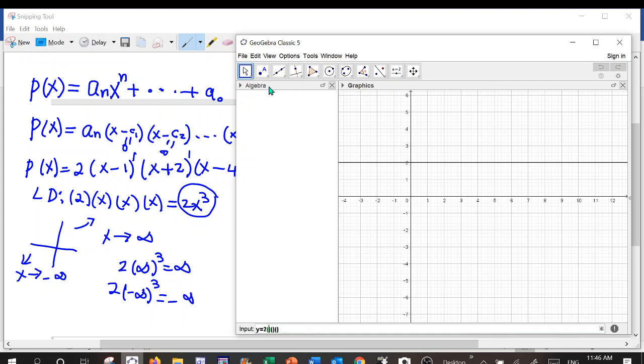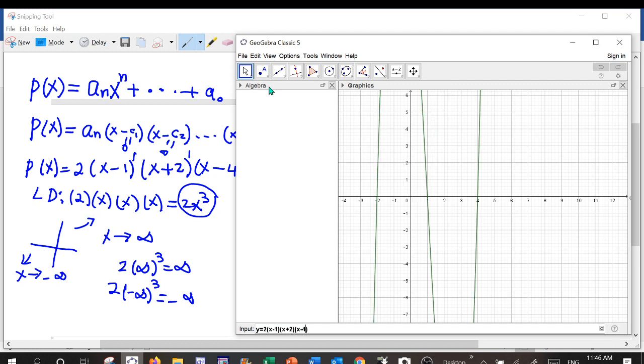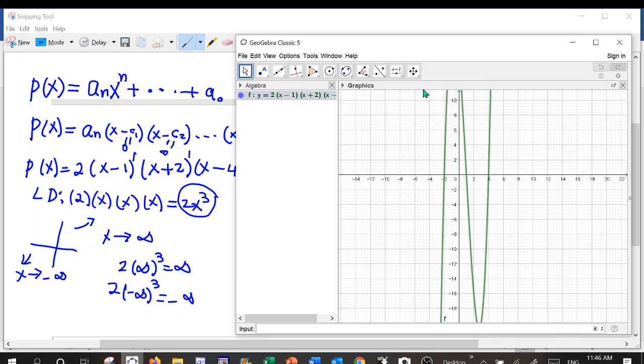I'm going to put x minus 1 there, then x plus 2 there, and x minus 4 there. As you see, that's the graph in a much more precise manner.